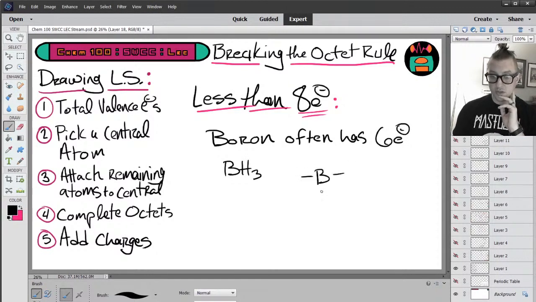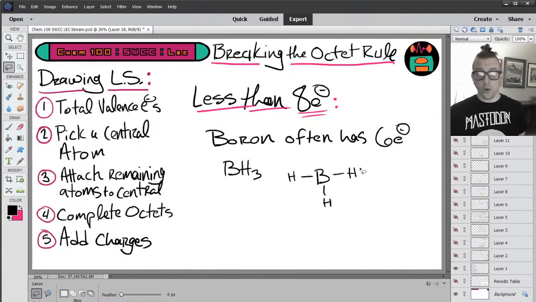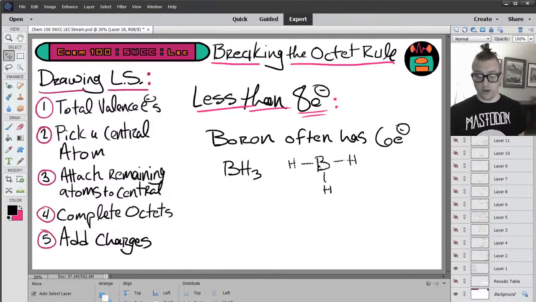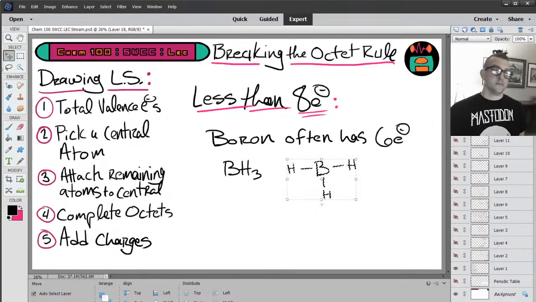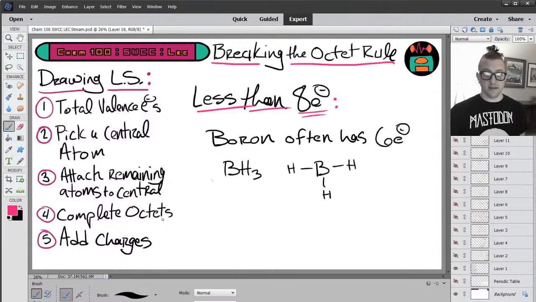In this Lewis structure, there are only 3 bonds. There are only 6 electrons around boron. All right, so that's one instance of having less than 8.